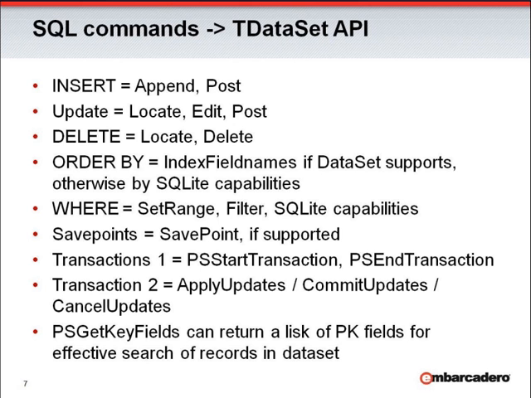Regarding transactions, they are mapped to start transaction or end transaction in the first approach, and if a dataset is in cached update mode, apply updates, commit updates, or cancel updates are called correspondingly.